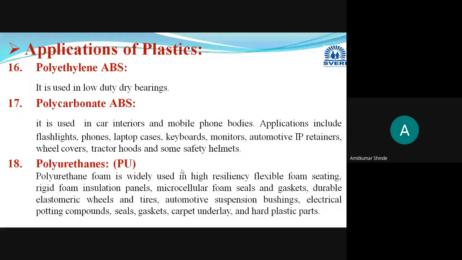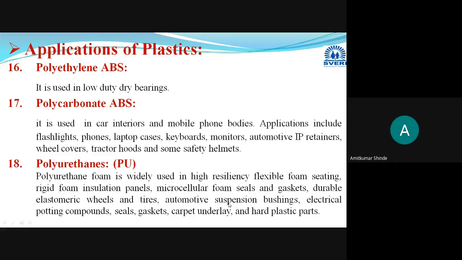So this polyurethane foam has various applications. It may be used in mattresses. Here I have highlighted some. Polyurethane foam is widely used in flexible foam seating, in rigid foam insulation panels, then microcellular foam seals and gaskets, then durable elastomeric wheels, then tires, then automotive suspension bushings.